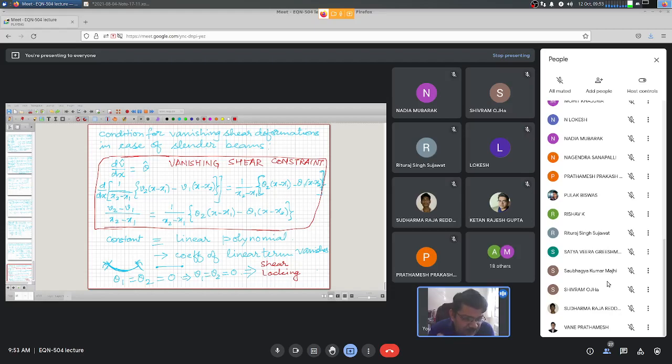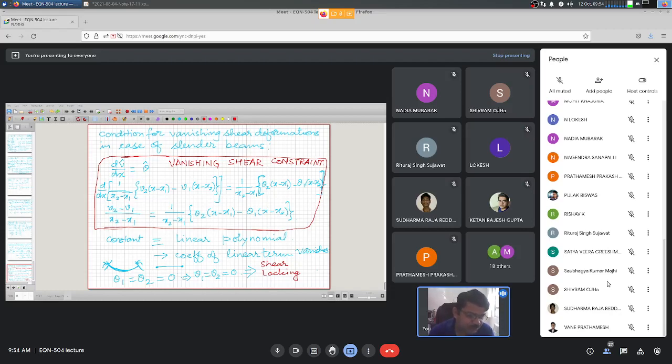See, in case of the vanishing shear condition, displacement and section rotation, essentially section rotation is the same as the slope of the deflected shape. So it is inconsistent.